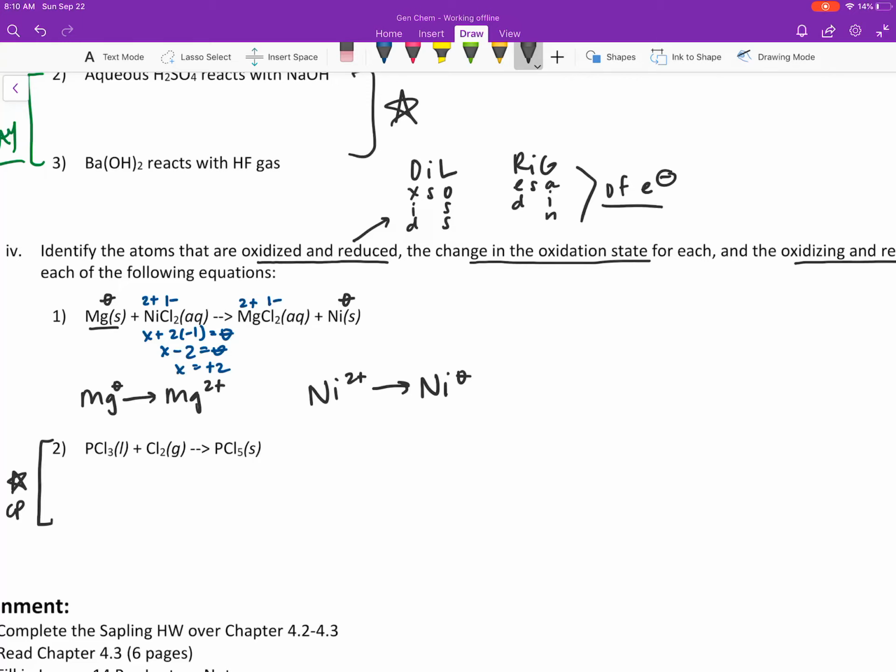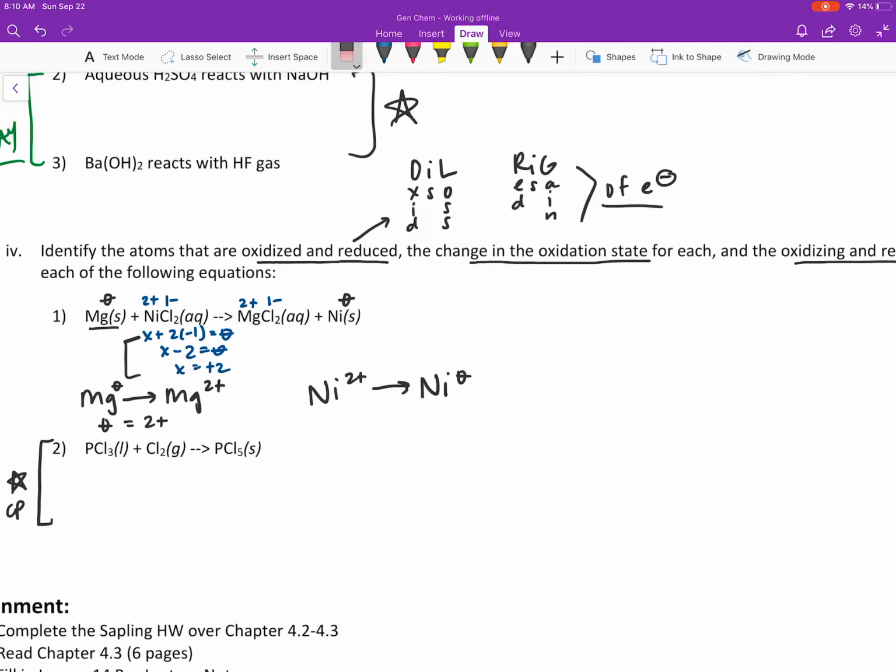So if I have a magnesium with a neutral charge on the left and a magnesium with a 2 plus charge on the right, I need my charges to equal each other, just like I did with the oxidation states up here. So where should I add electrons to balance out this right here?